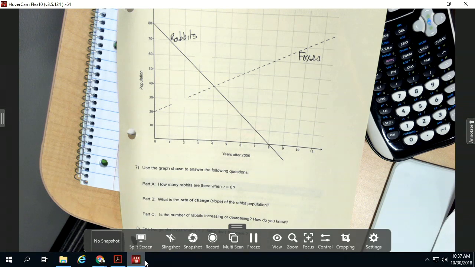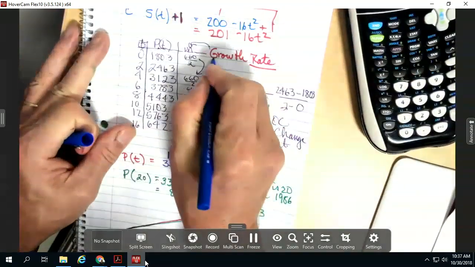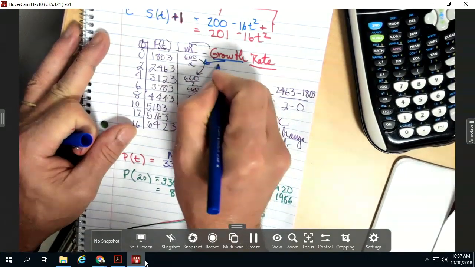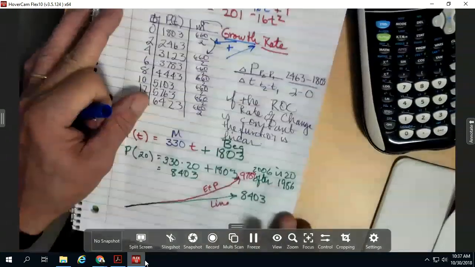Based on that graph, the number of foxes is increasing over time, right? Based on that graph, the number of rabbits is decreasing over time, right? So when we were talking about population growth, if this number is positive, the line is sloping up.